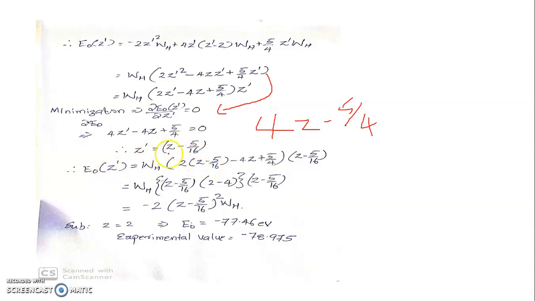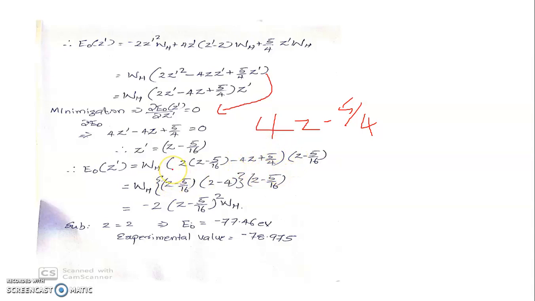Now we substitute Z prime in this expression. So WH into 2Z prime, 2 into Z minus 5 by 16 minus 4Z plus 5 by 4 into Z prime, that is Z minus 5 by 16. See, from this one we can take 4 out.